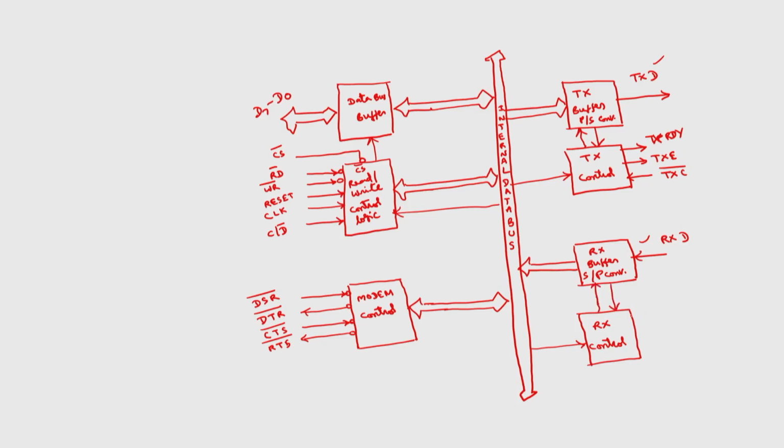The signals of this one are receiver ready, similarly transmitter ready, and then receive clock, which is an active low signal. Instead of transmitter empty, there is one signal called the sync signal, which is the synchronous signal. So, these synchronous pulses are required in case of synchronous data transmission.